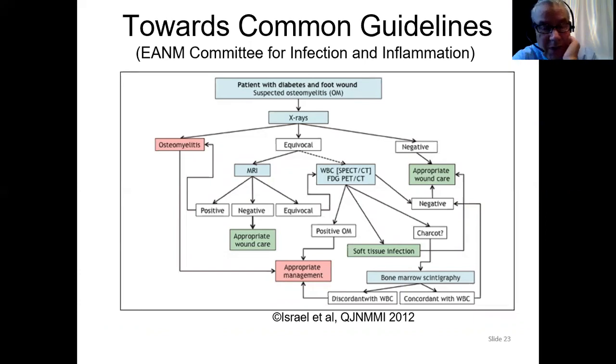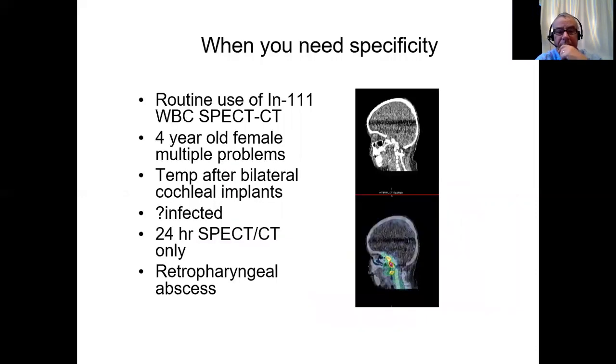But basically, where there's a doubt from a clinical or X-ray, we would recommend either MR or SPECT-CT, and obviously in nuclear medicine, we would do the nuclear medicine technique. In this particular algorithm, it also includes PET-CT, which has also been used and shown to be very useful. And I'll show you where PET-CT is useful in the next part of the lecture.